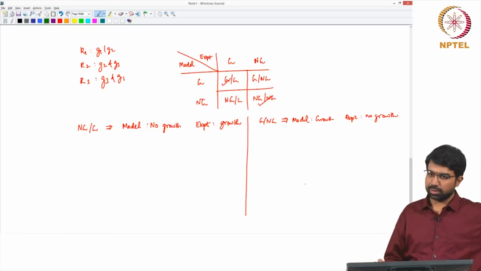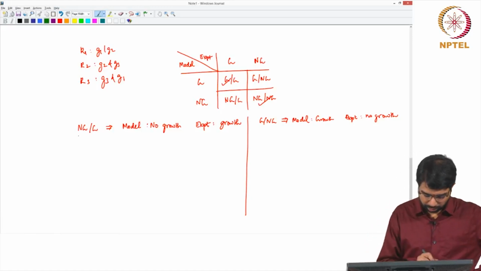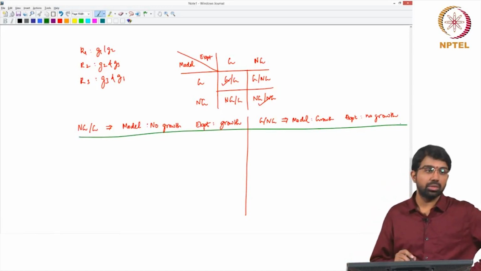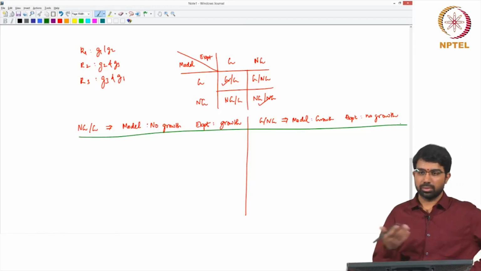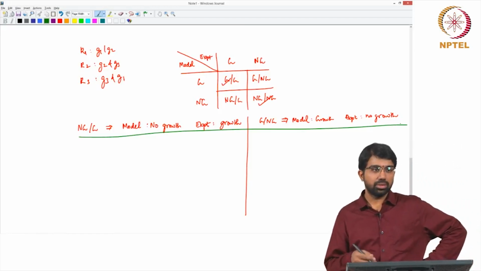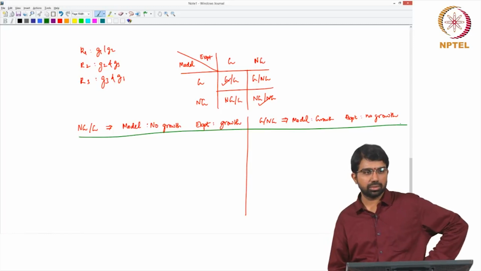What could be the reasons for this? Wrong identification of lethals. Yes, that is the issue. So, why is the identification of lethals wrong?